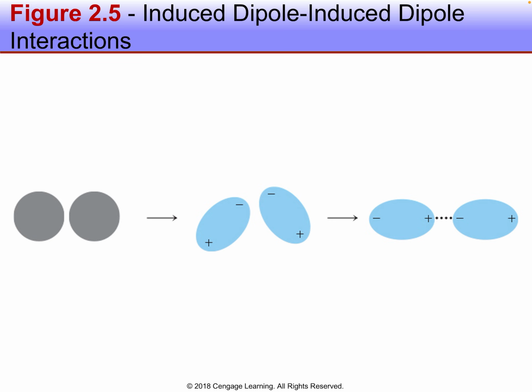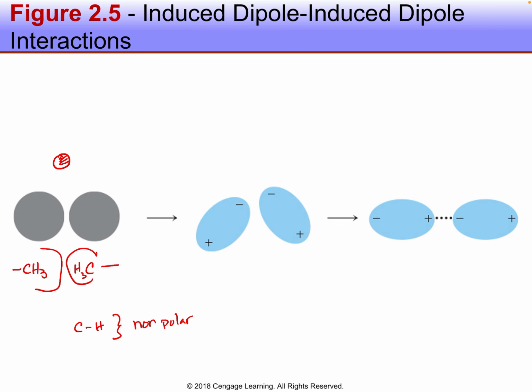Induced dipole, this is when you have something that is normally nonpolar. So again, we could have something like two methyl groups that are in a protein, and we know that carbon and hydrogen, when that's all we have, is always a nonpolar species, a nonpolar molecule.